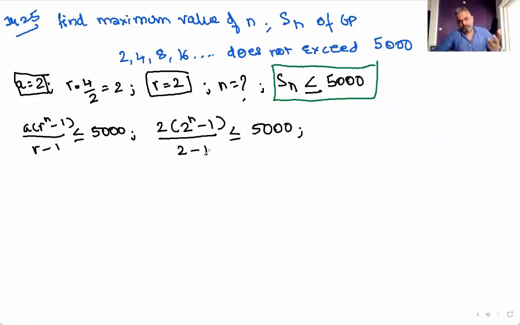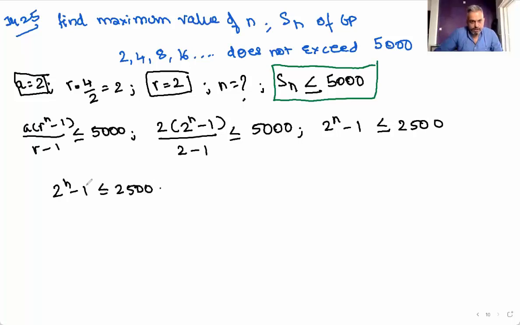Now 2 minus 1 is 1, so 5,000 will remain the same. When we divide by 2, what do we get? 2 raised to n minus 1 is less than or equal to 2,500. This 2 gets divided, so it becomes 2,500. Now, 1 we bring to this side, so it becomes positive. So 2 raised to n is less than or equal to 2,501.